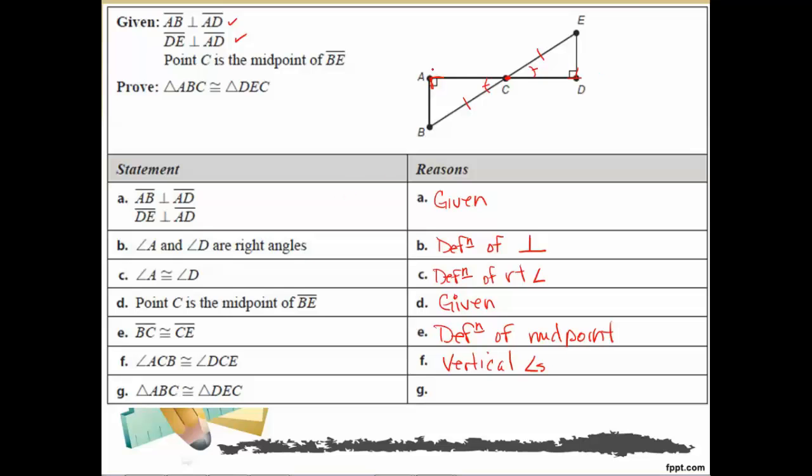I've got angle, angle, side. Angle, angle, side, and that's all you need to put. So that's a proof that's down and out.